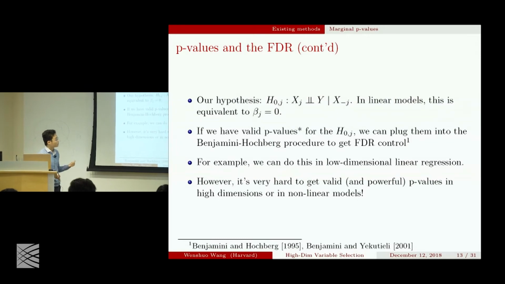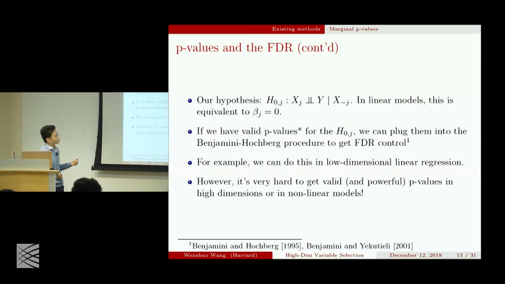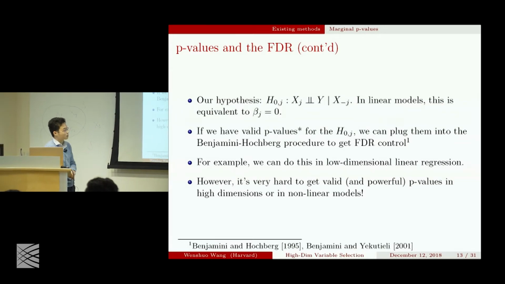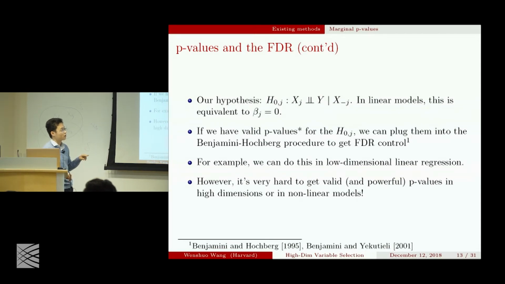If we have valid p-values for the null hypothesis, we can plug them into the Benjamini-Hochberg procedure, where you adaptively choose the rejection level, make a decision on each hypothesis sequentially, and get FDR control. There are some assumptions on the dependence of the p-values, but that's a minor point as far as we're concerned.